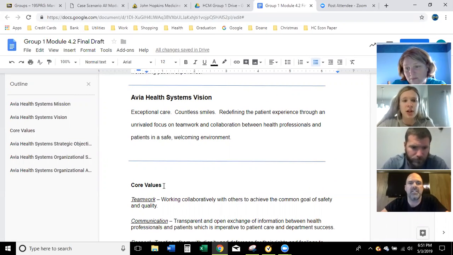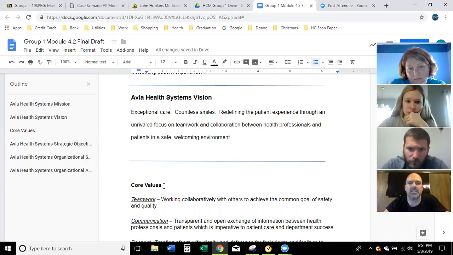One thing I would consider is since our mission, vision, and values are supposed to be specific to the diagnostic services area, it does look like the Avia Health Systems mission and vision applies to the entire health system rather than just our vision and mission. So it could be Avia Diagnostic Services.